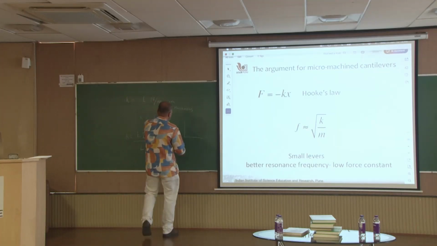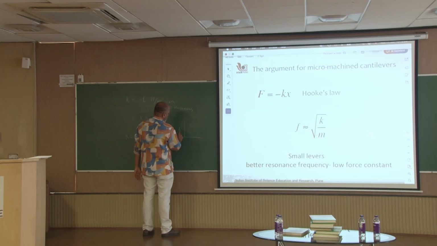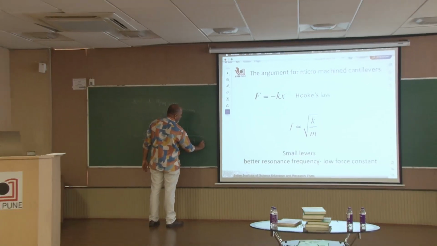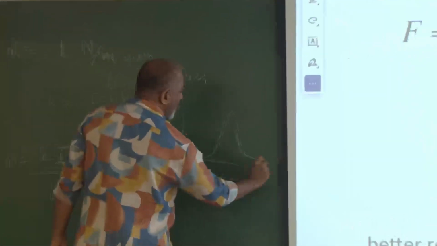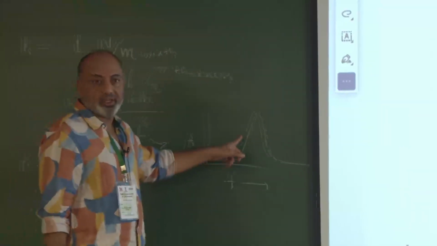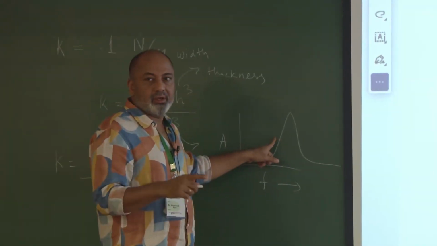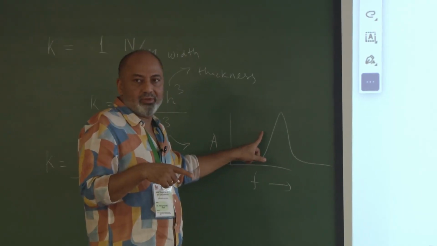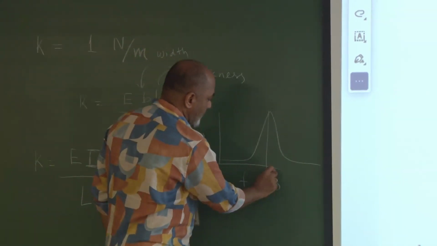So, if I look at the amplitude at the tip versus the frequency of driving, you will see this. This is the resonance curve. Everyone is fine with this, and this frequency is your f0.